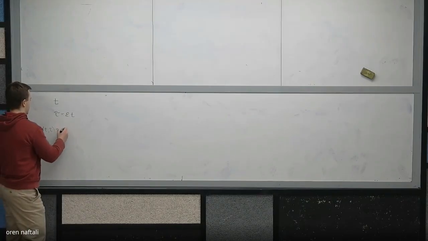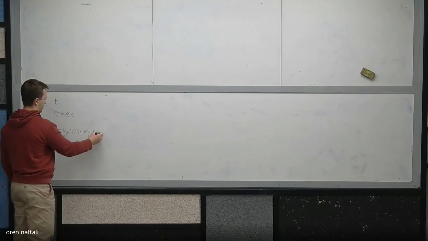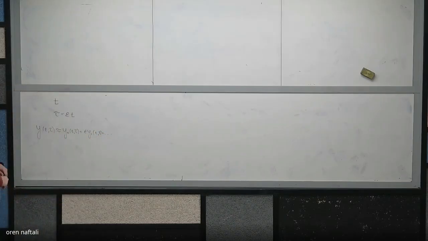So as usual, we expand it using this series in epsilon. In most cases when we use two-timing perturbation theory, we have resonance terms, and we call them secular terms.